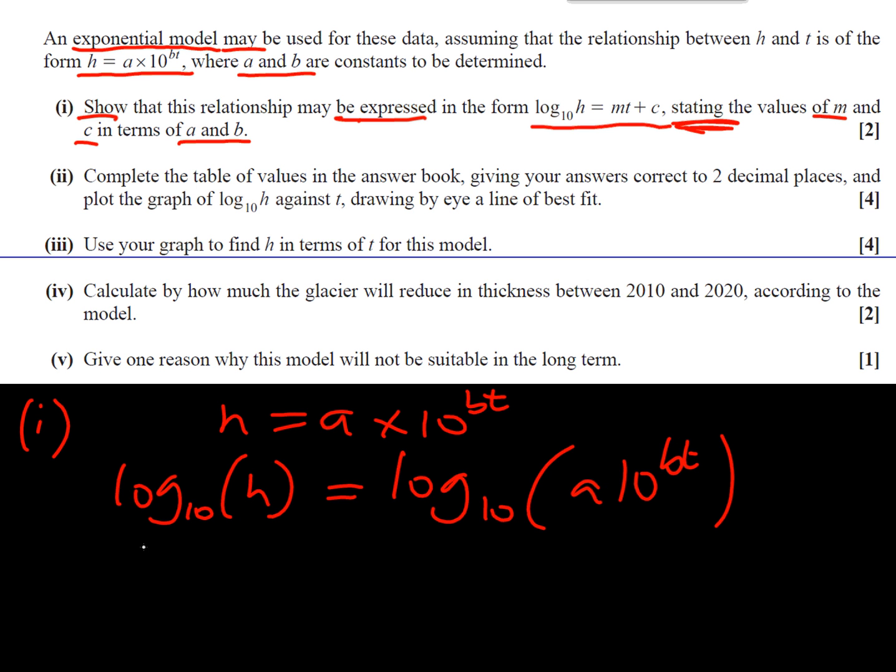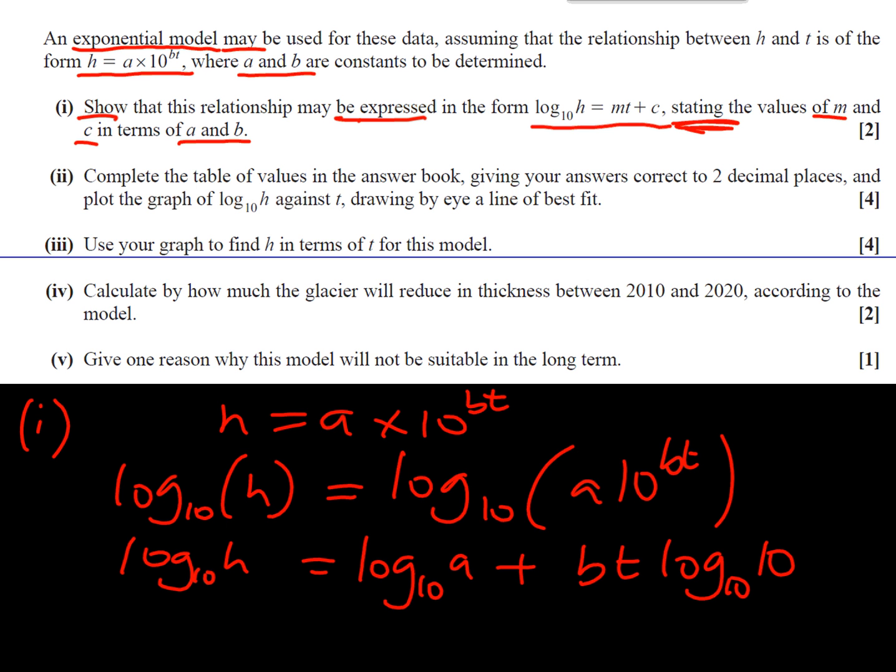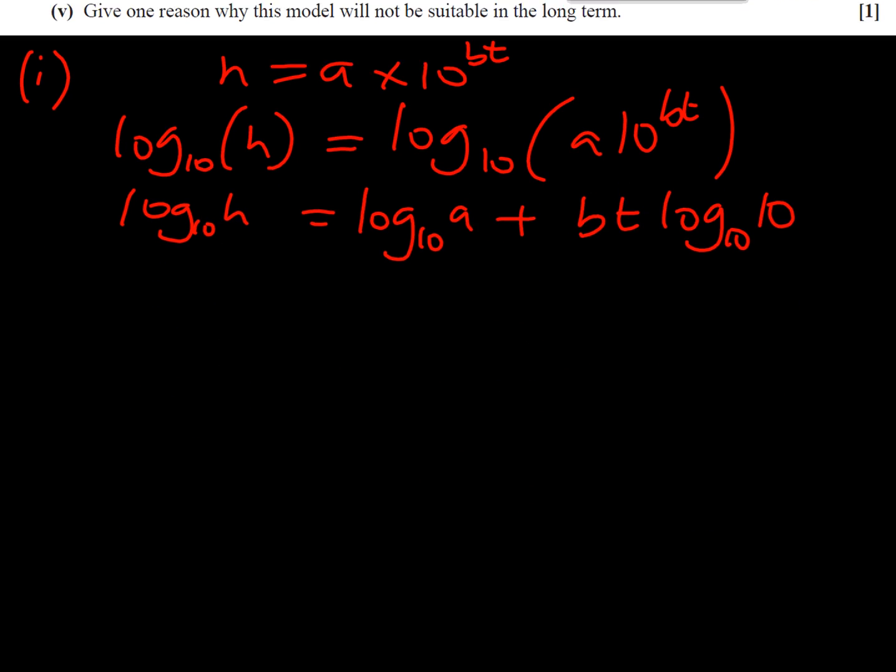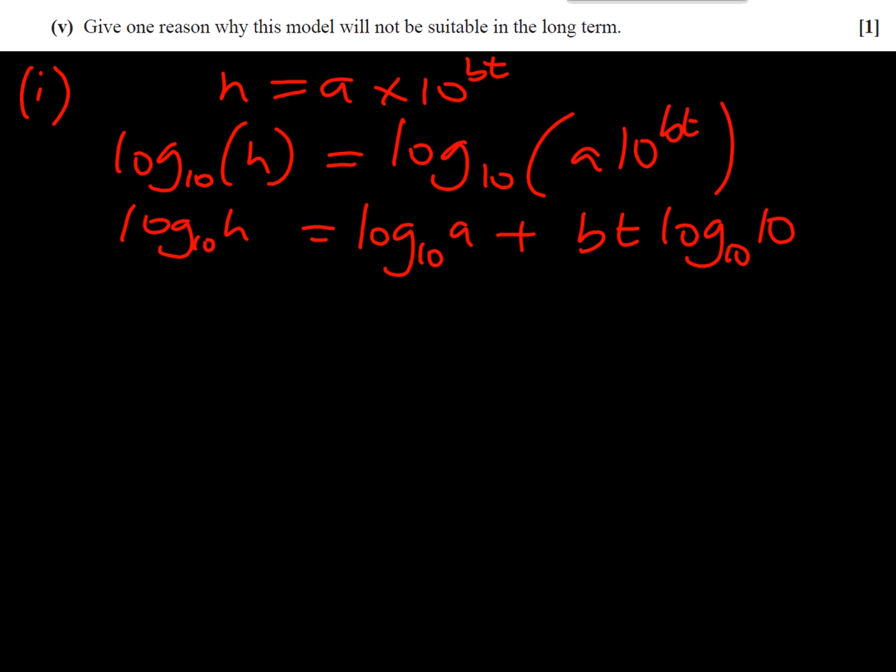Okay, using all our log laws, the left hand side doesn't change, that's log 10 of h. On the right hand side, we can break it up because we've got log of a plus bt times log of 10 to the 10, which we all know, a log of a number to its own base is always going to be 1.